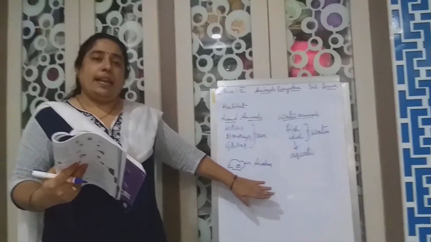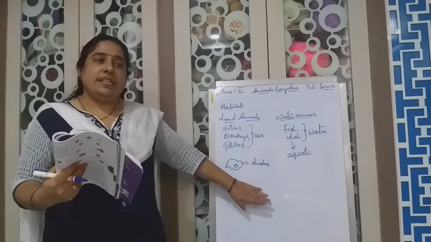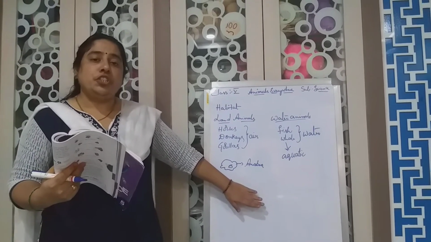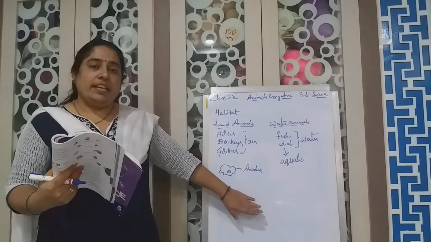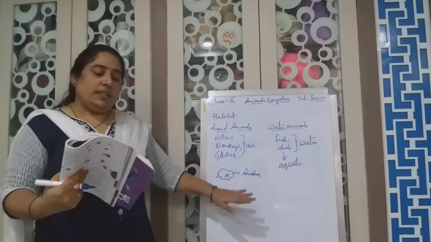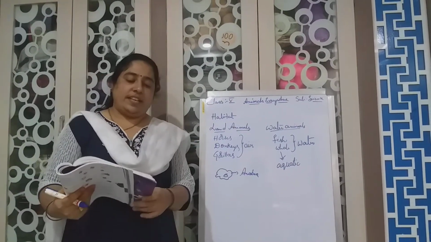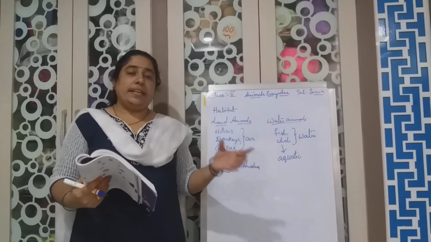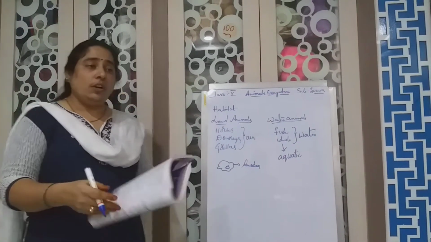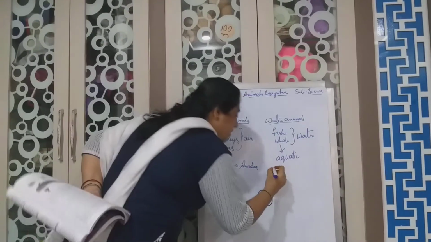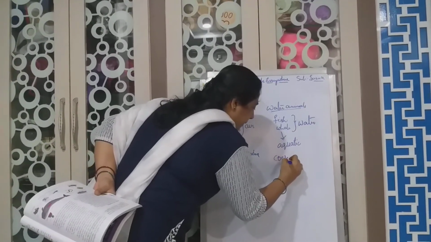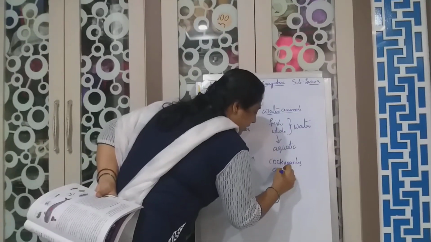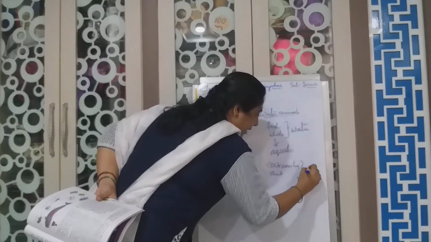And paramecium is like a shoe in shape. That also breathes through its body surface. Insects like grasshoppers, cockroaches and ants breathe through air holes.